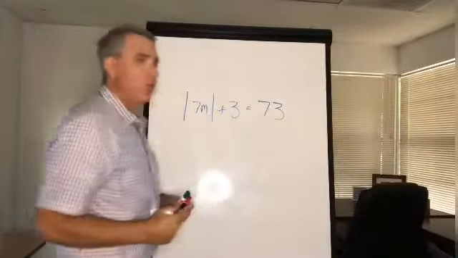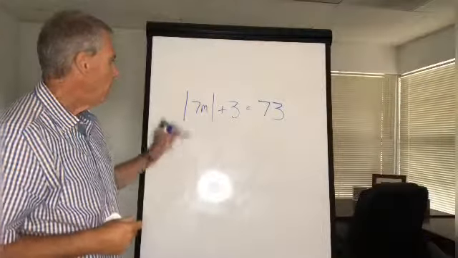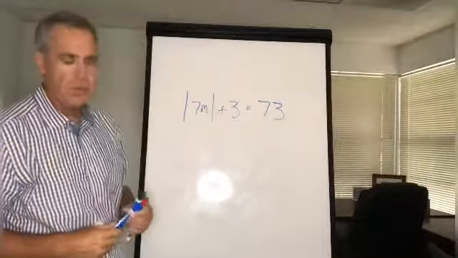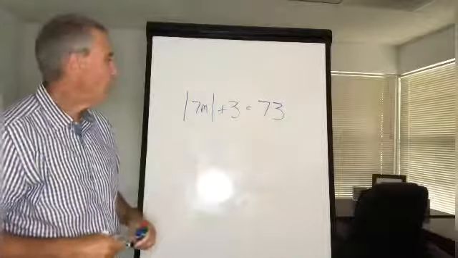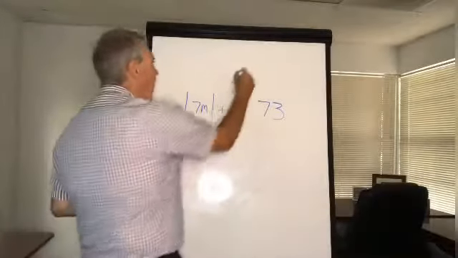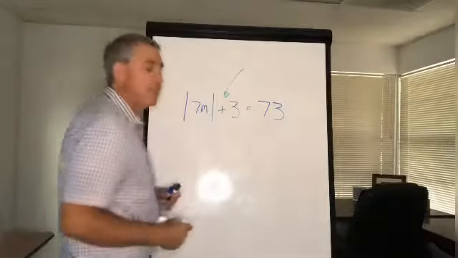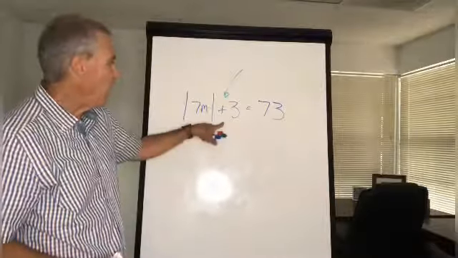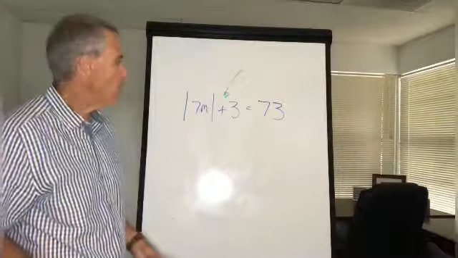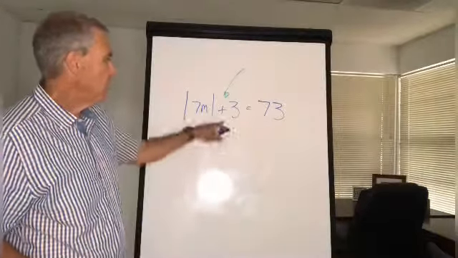Okay, so this is the absolute value of 7m plus 3 is equal to 73. We're going to get rid of that thing that's not the washing machine. In this case, our thing that's added, we have to get rid of, is the plus 3.